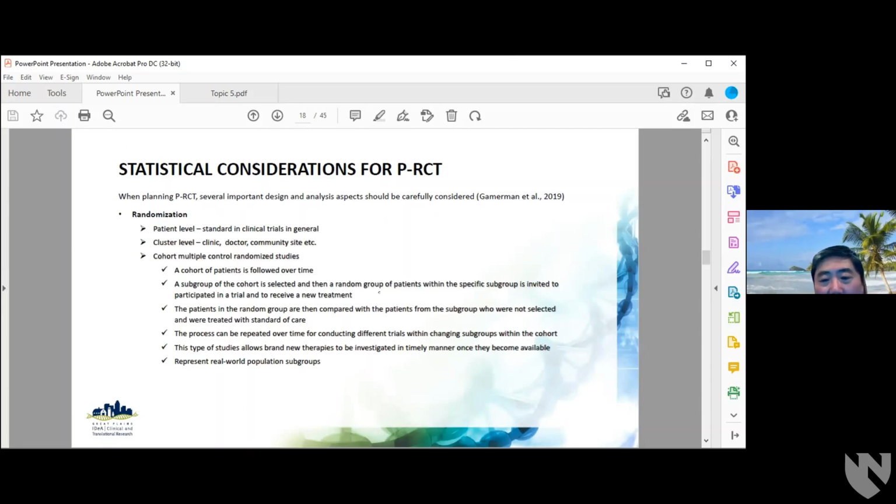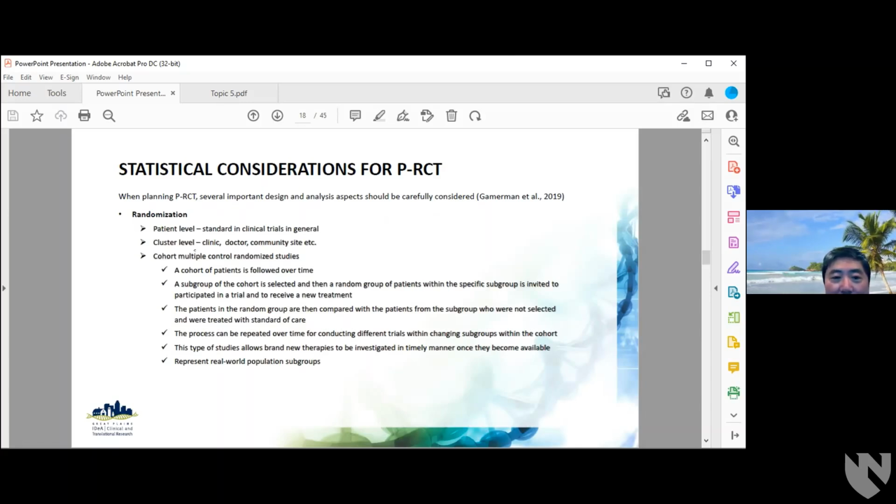First of all, in randomization, you have to think about whether it's going to be at the patient level. Patient level is generally the standard approach for a randomized trial, but sometimes it's not possible. Another option is the cluster level, where you randomize the intervention or treatment at the unit level, either clinics or doctors, because one doctor treats a bunch of patients, right?